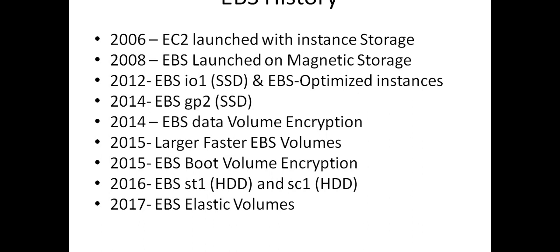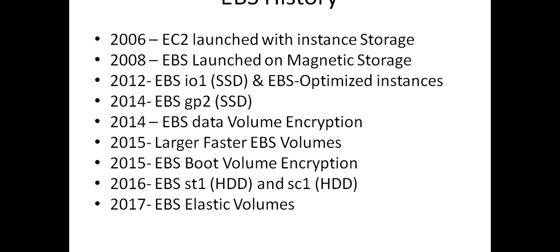Then in 2008 EBS launched on magnetic storage. In 2012, EBS IO1 SSD came, and EBS optimized instances came. Then in 2014, EBS GP2 general purpose storage came, and GP2 is the default storage type in AWS.